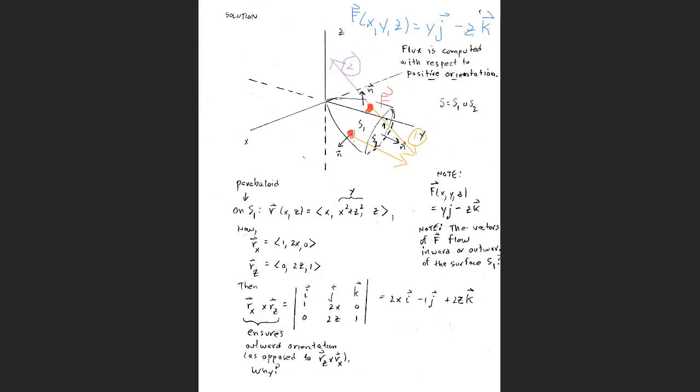So with respect to outward orientation, positive orientation, would the flux rate across surface S1 for this vector field be positive or negative?